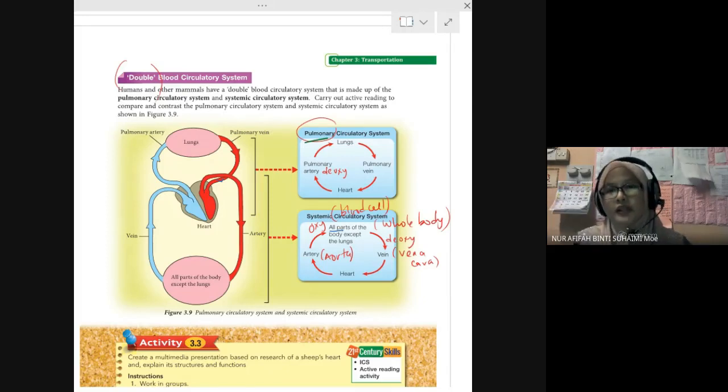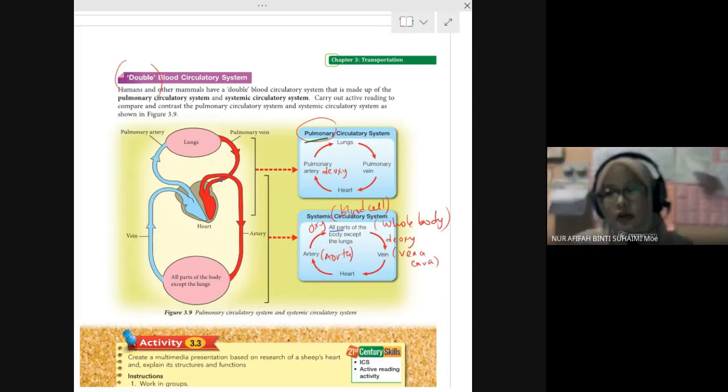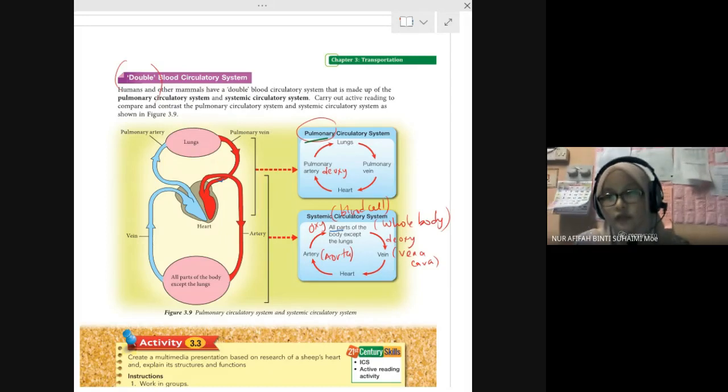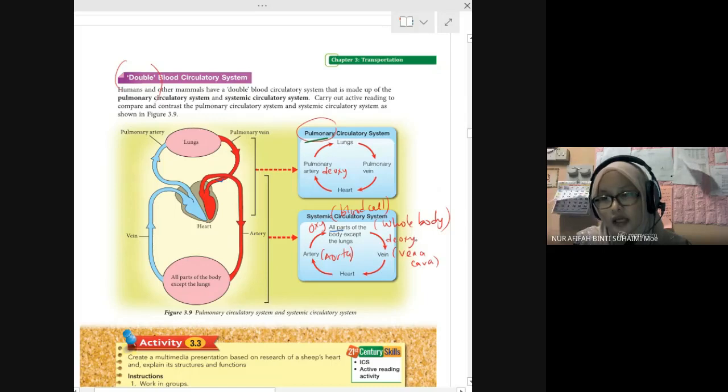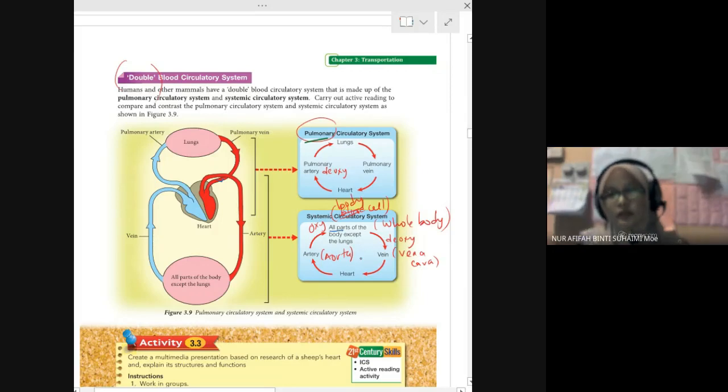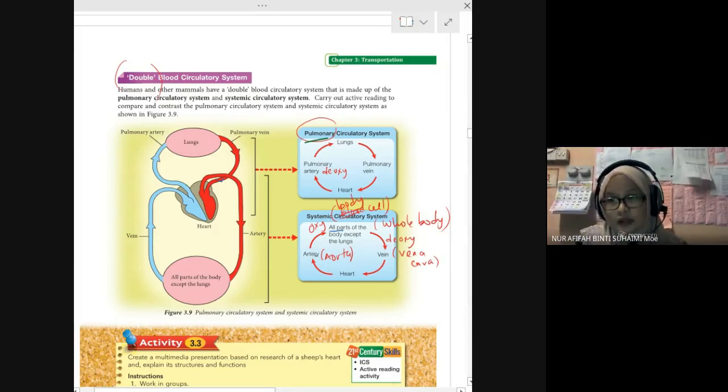At the same time, carbon dioxide diffuses into the blood capillary. So from the body cell back through the vena cava to the heart, the blood carries carbon dioxide. From the heart, through the aorta, it is pumped up to the whole body.